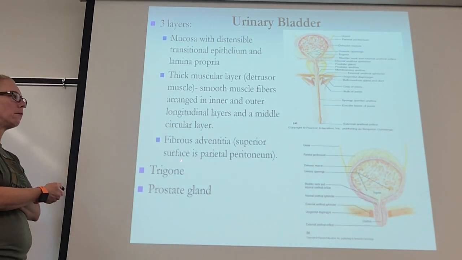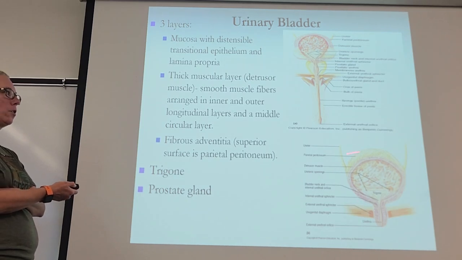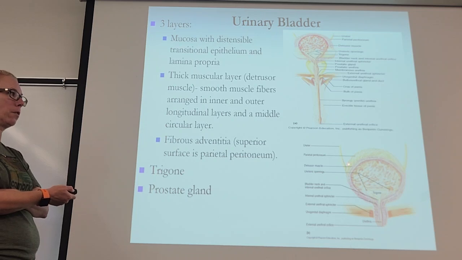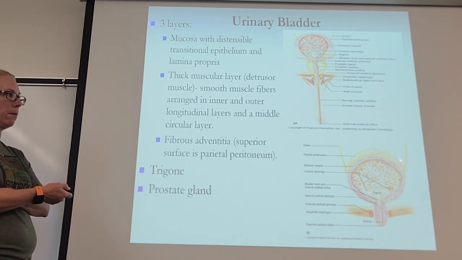okay? So the bladder is outside of the peritoneum, okay? So it has an outer adventitia. It doesn't have a serous membrane, but the superior surface of the bladder sits on top of the parietal peritoneum. So the inferior part of the abdominal cavity sits right on top of the bladder.